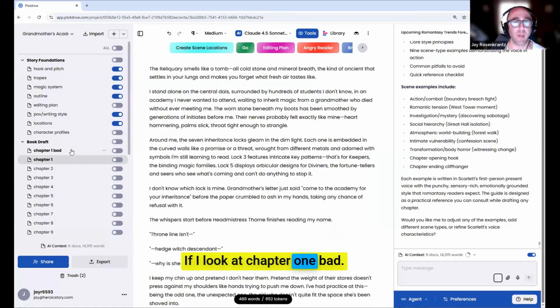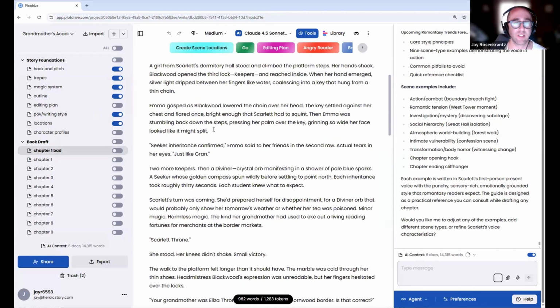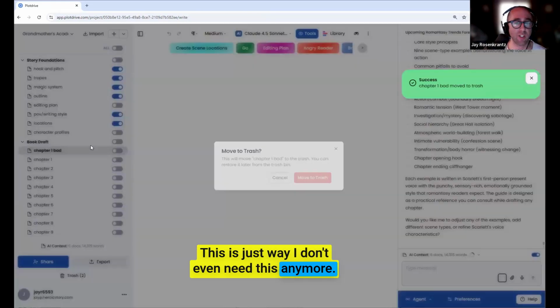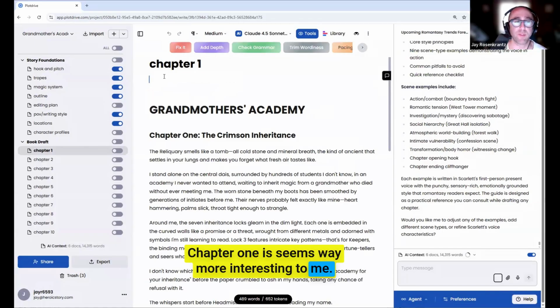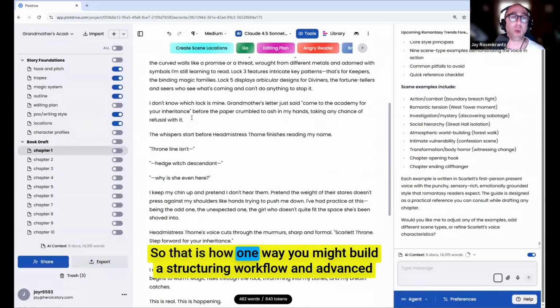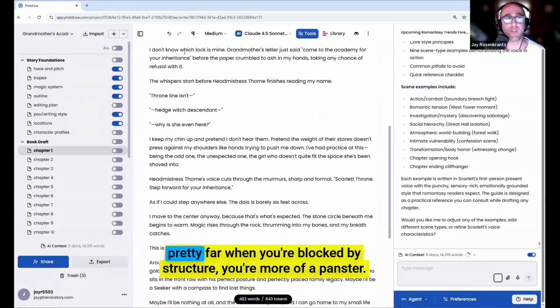If I look at chapter one bad, yeah, I don't even need this anymore. Chapter one seems way more interesting to me. So I think that is one way you might build a structure and workflow and advance pretty far when you're blocked by structure. You're more of a pantser.